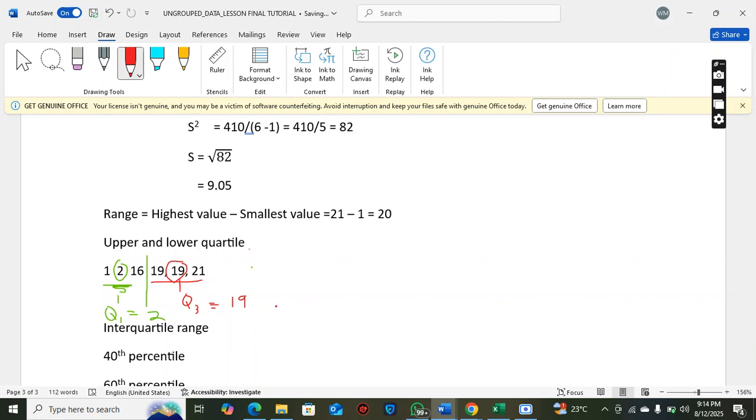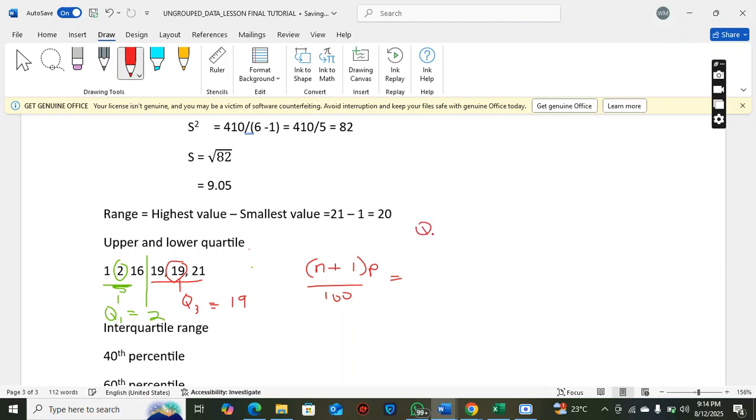Now, if we used the percentile formula, the percentile formula is this one: n plus 1 multiplied by p, which is the percentile, over 100. So our lower quartile is the 25th percentile.